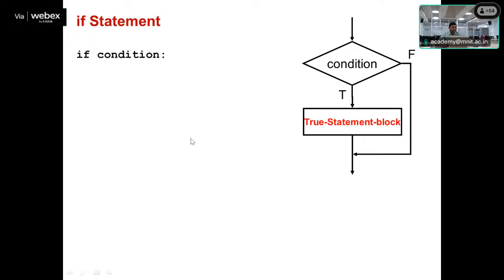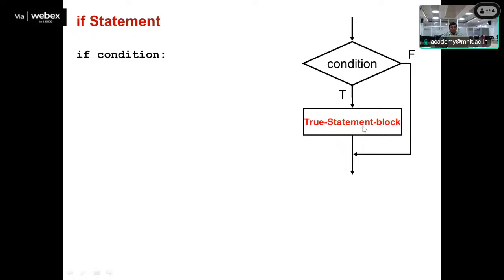So what is the syntax of that? If condition. If, and we have to write the condition. Look at the syntax, because for those who are aware of C, C++, Java, the syntax is different in Python. So if condition colon.